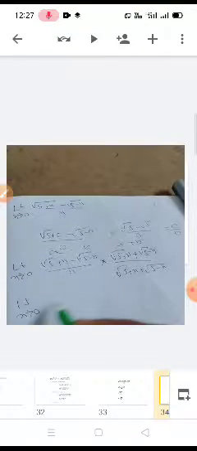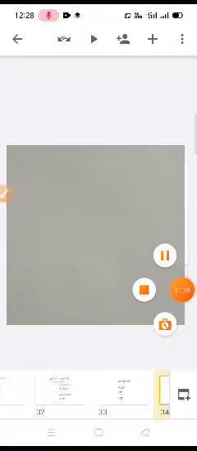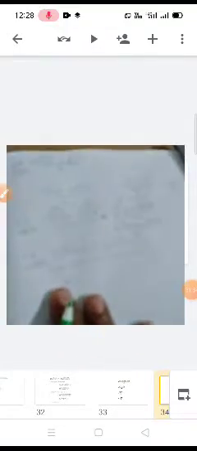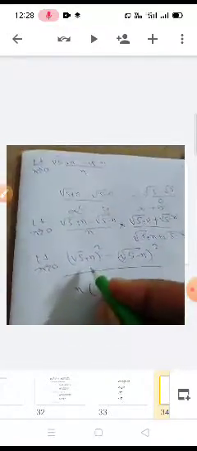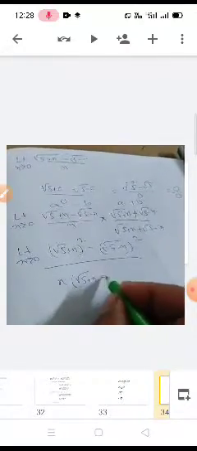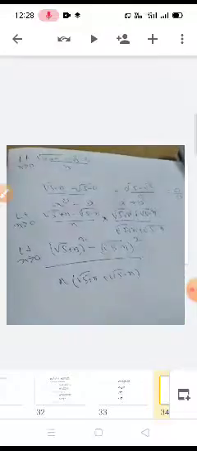So limit x tends to 0, ((√(5+x))² − (√(5−x))²)/(x(√(5+x) + √(5−x))). The square root and the square cancel here.